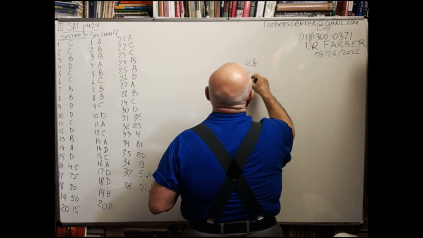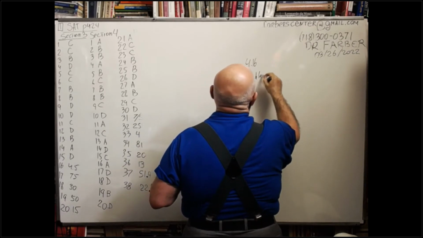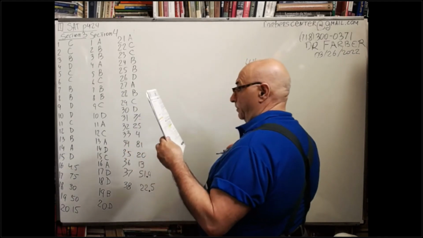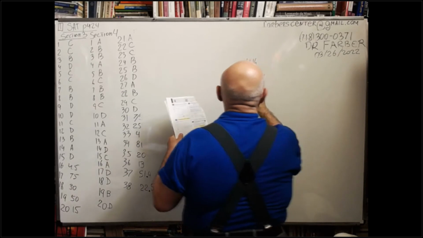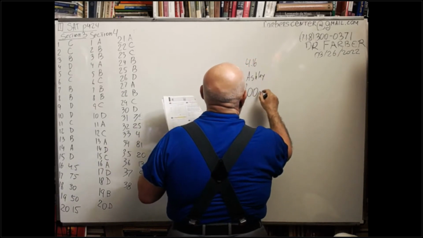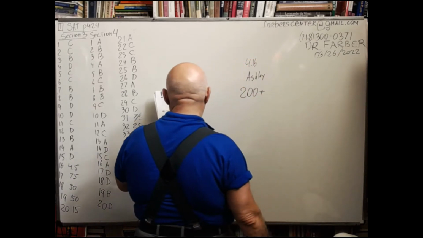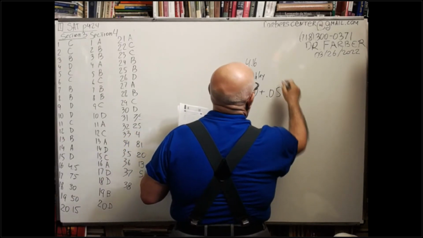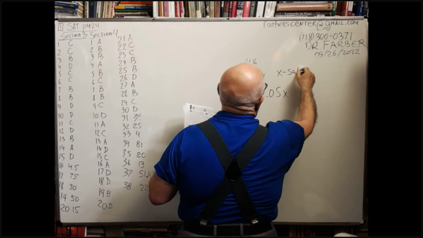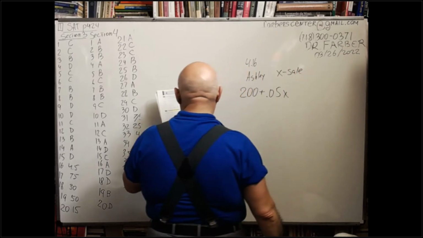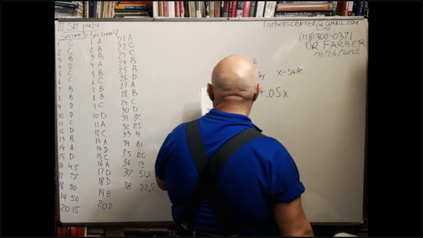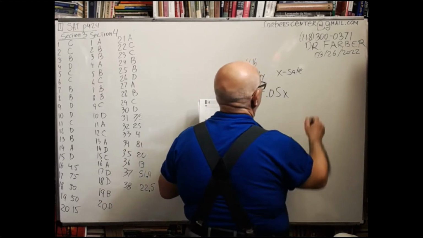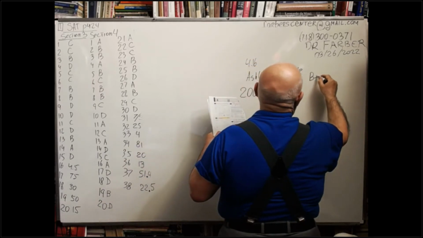And what do we know about Ashley? They pay 200 plus, they said, 5% of sales, plus 0.05x. x is sales. And what about the second person, Bernard?